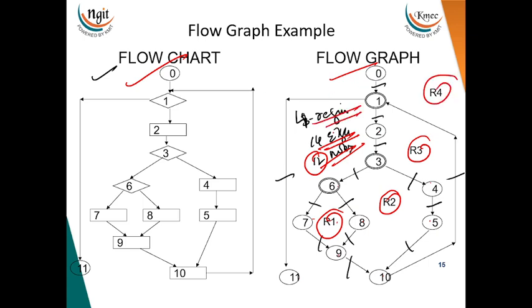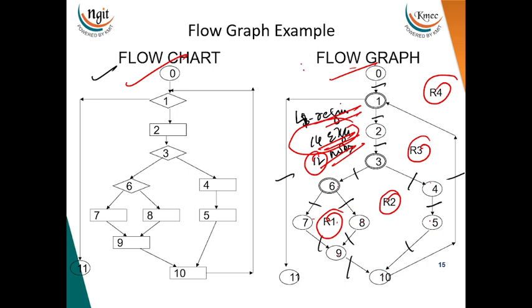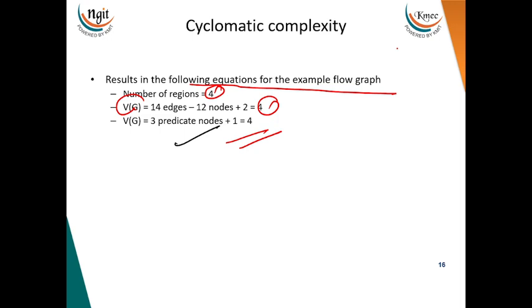If you count it, it will come to 14. So this is our flow graph. Now for the equation, the number of regions, V(G) with 14 edges, is 4. This is how the flow graph is used.